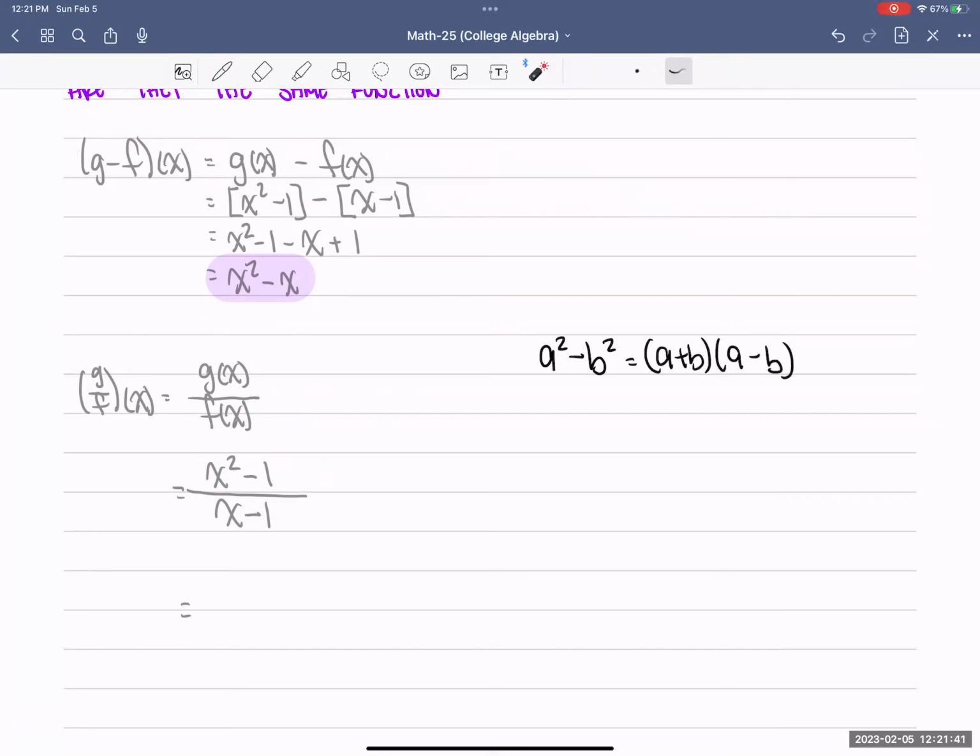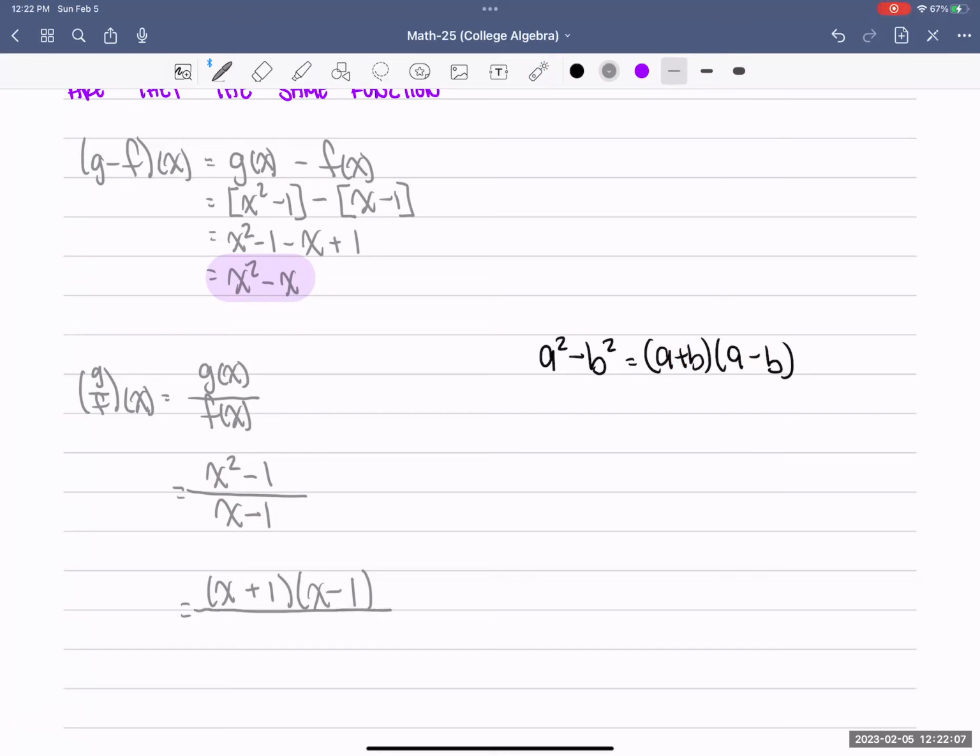So here, the square root of x squared is going to be x, and the square root of 1 is just 1. It tells us to put a plus in the middle of one of them, a minus in the middle of the other one. So we're going to do that over here. And there we go, fully factored.